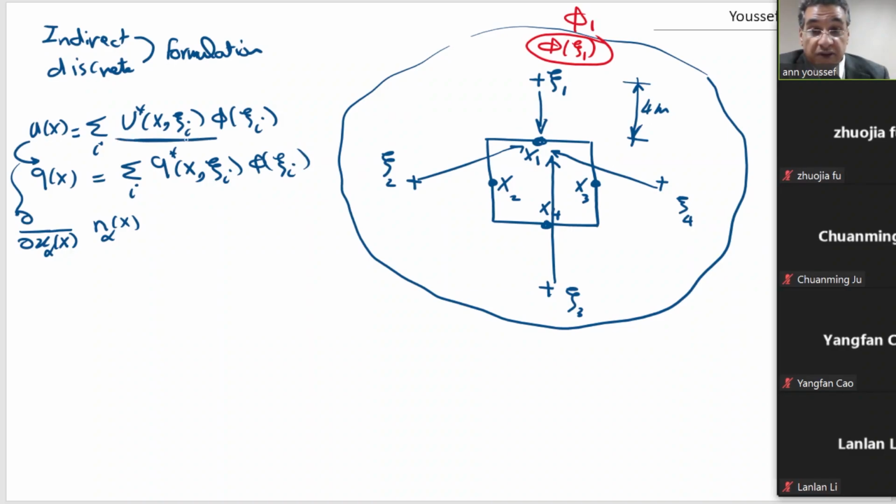Remember, I differentiate this one to give this one. The phi of xi is constant because my derivative here is with respect to the coordinate x alpha of the point x.